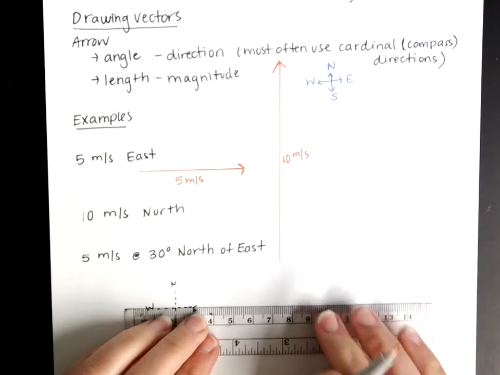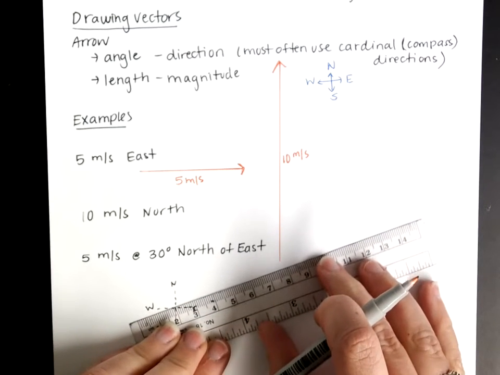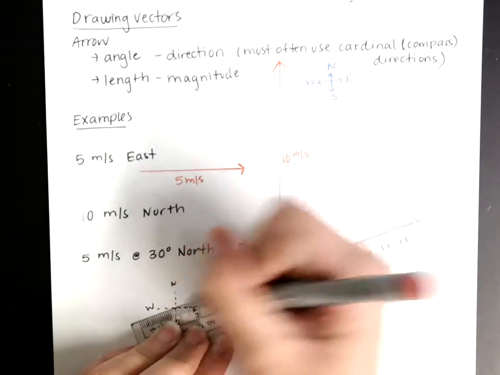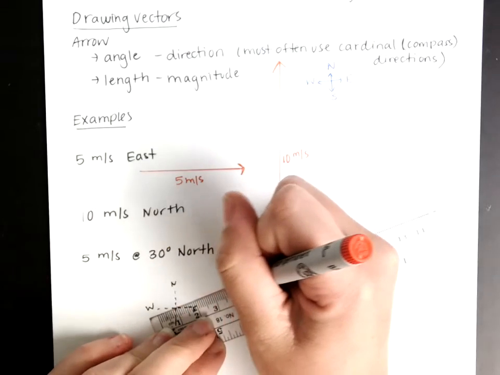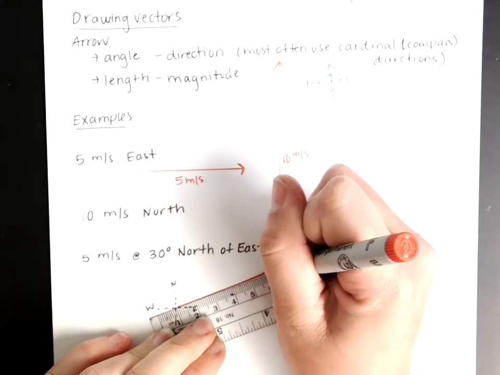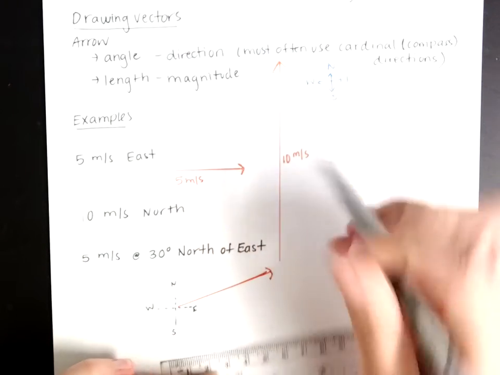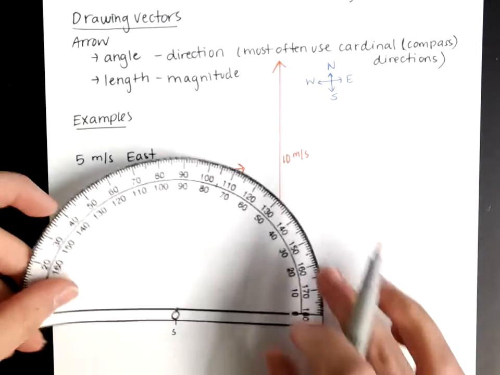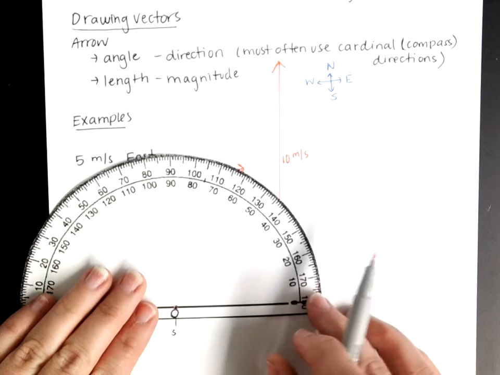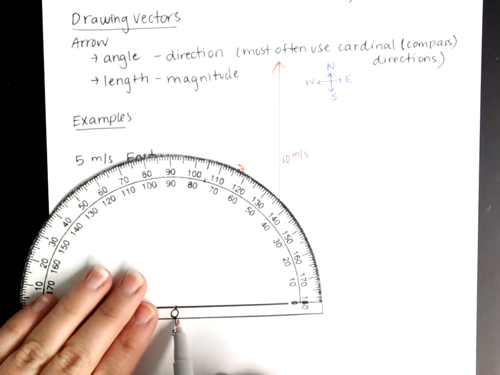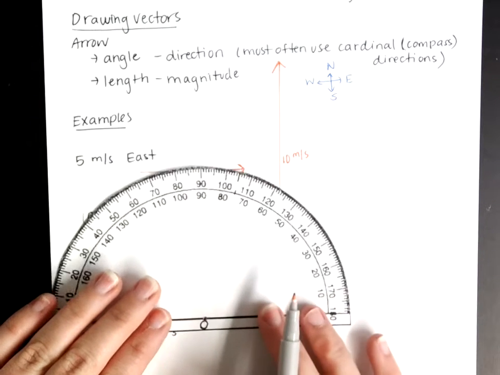So north of east is going to be just like this, and 5 centimeters is from my 1 to my 6. We will notice that I should have used my protractor. Looks like it's a little bit less than 30 degrees, so I'll try again.